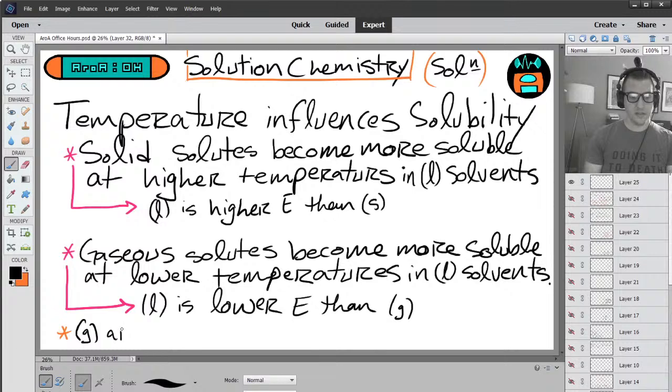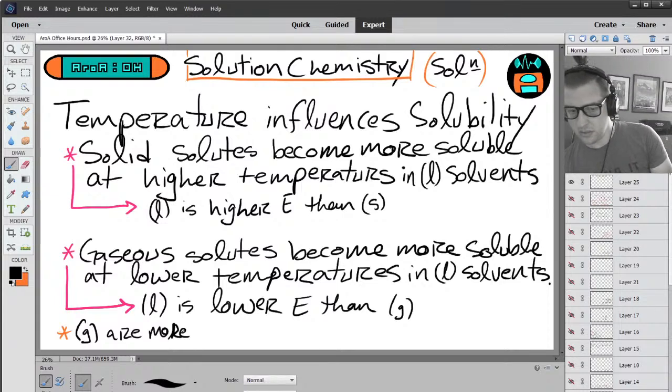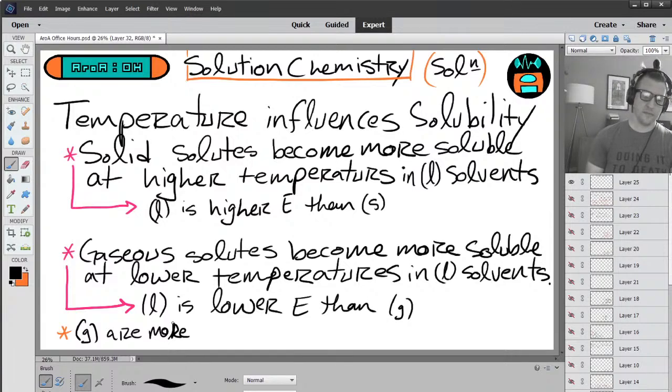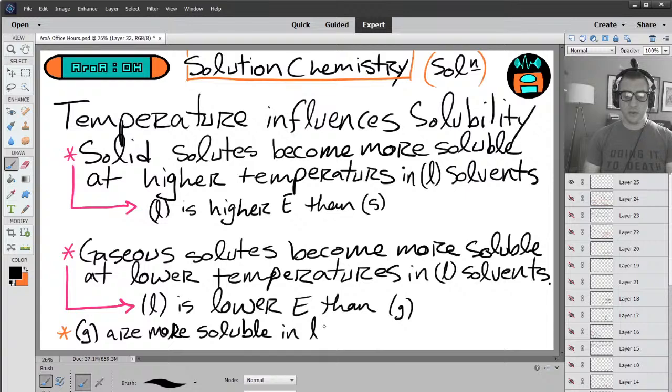Gases are more soluble in liquids under high pressure.